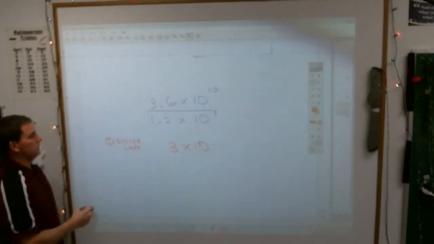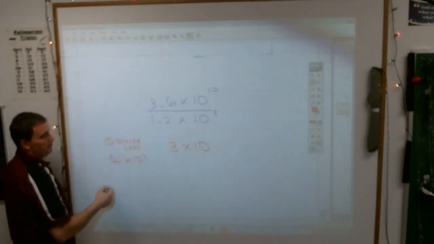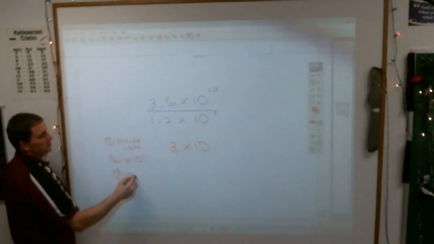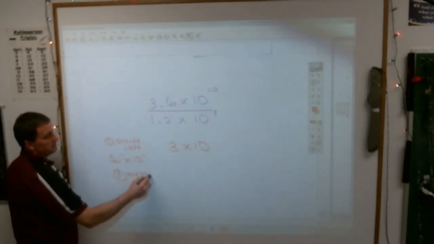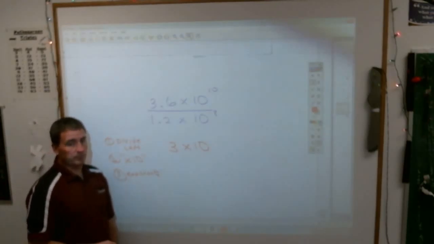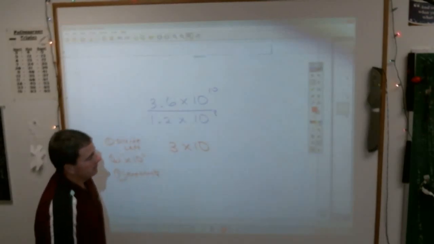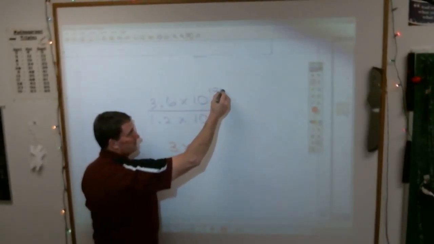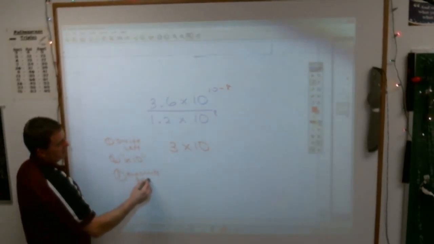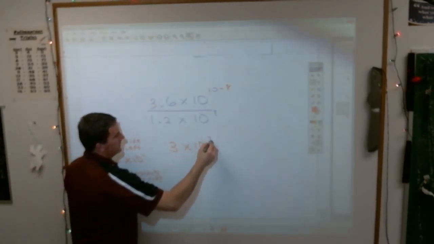Now, thinking about division as the opposite of multiplication, what do you do with the exponents of 10? When we multiplied, we added them together. When we divide, Ryan, you? Subtract. Right, and you subtract the bottom from the top, so it's 10 minus 8. So exponents get subtracted. So I end up with 3 times 10 to the second power.